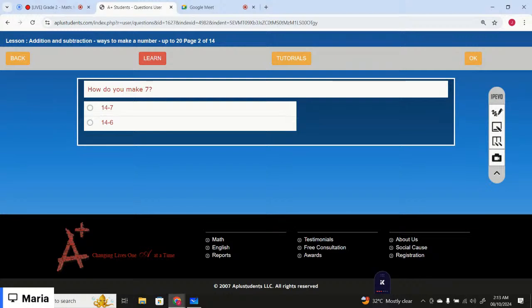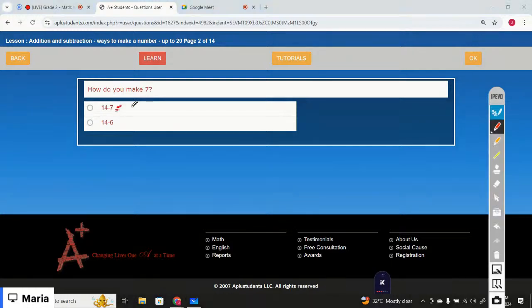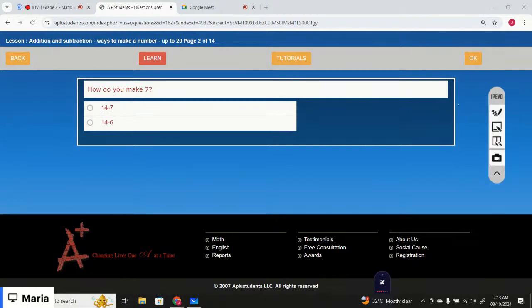Just start subtracting and see which is the correct option. 14 take away 7 is 7 and 14 take away 6 is 8. So which is the correct option? Option number 1 is the correct option, right? That is 14 take away 7 is 7. Very good.